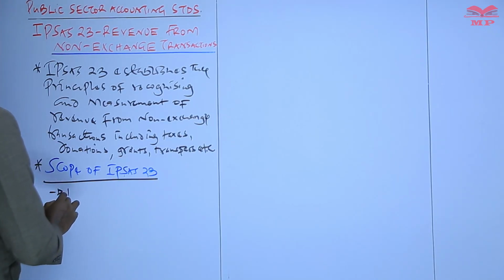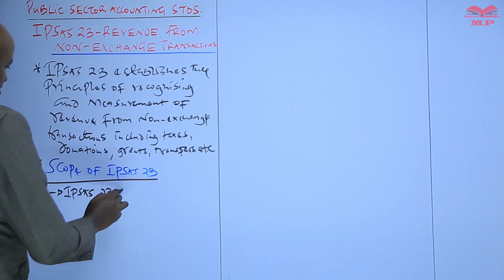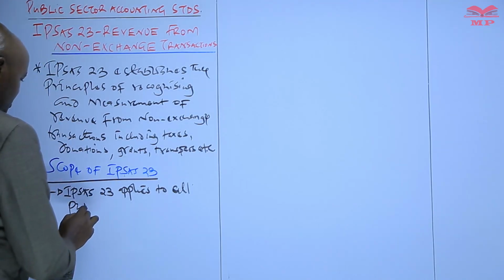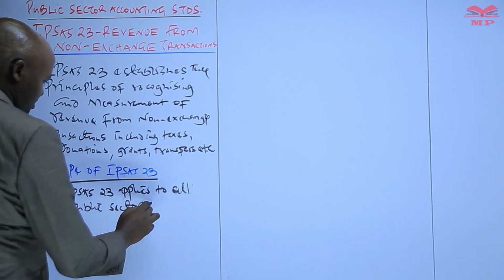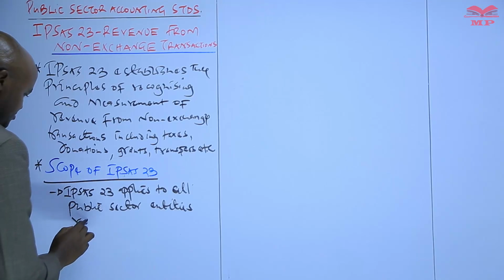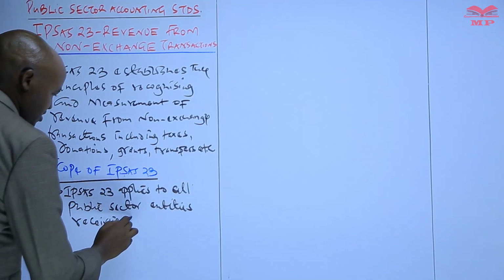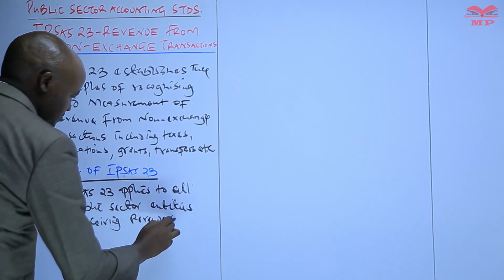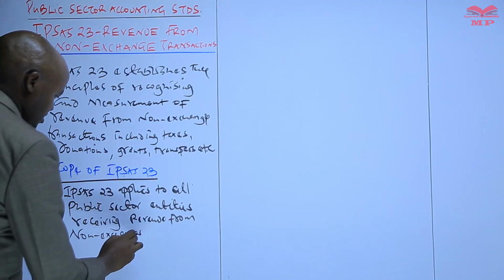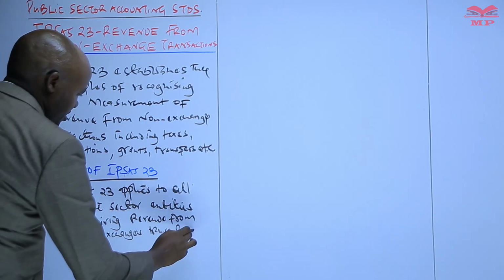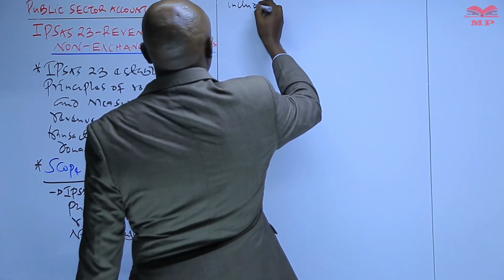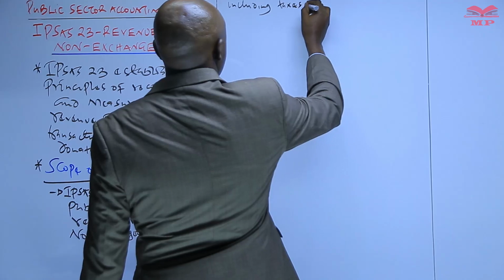So we can say IPSAS 23 applies to all public sector entities receiving revenue from non-exchange transactions, including taxes, donations.